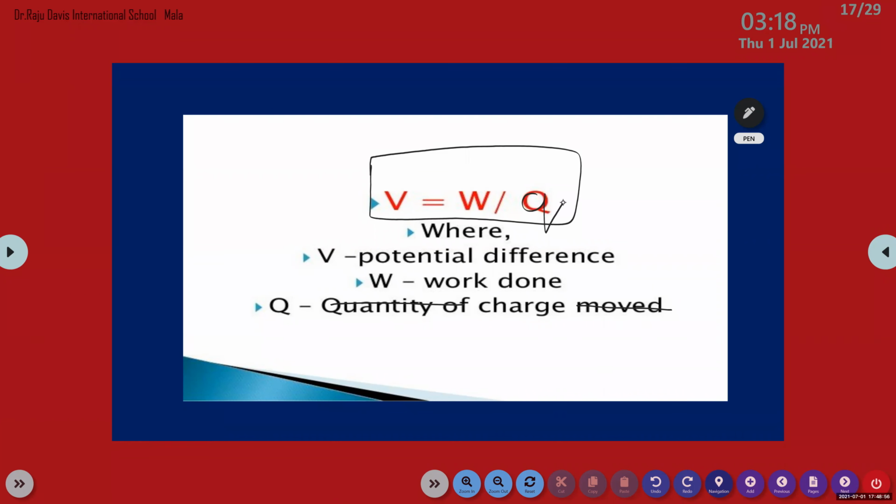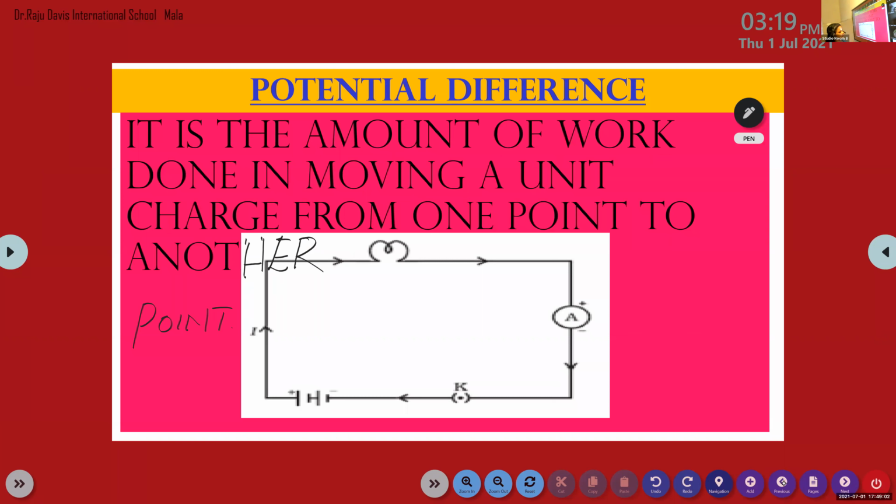Can you show the last slide? What is E? E is the charge of electron. Small letter e is the charge of electron, which is a constant, 1.6 into 10 raised to minus 19.